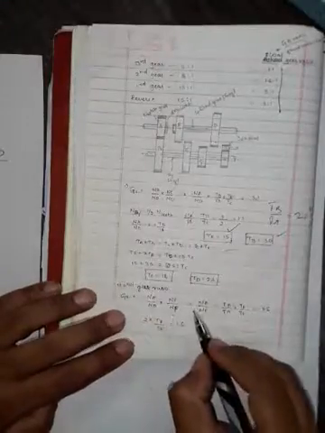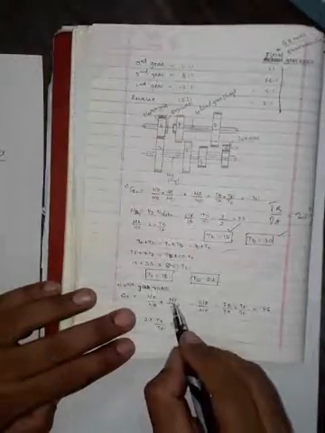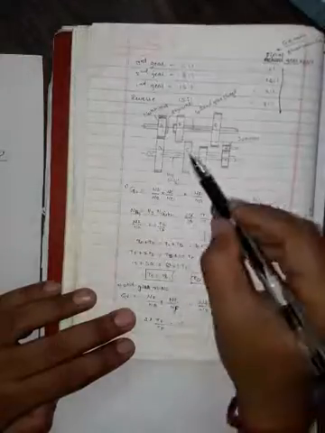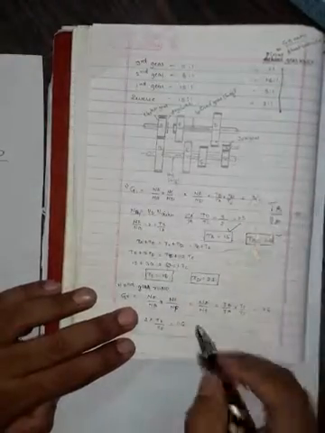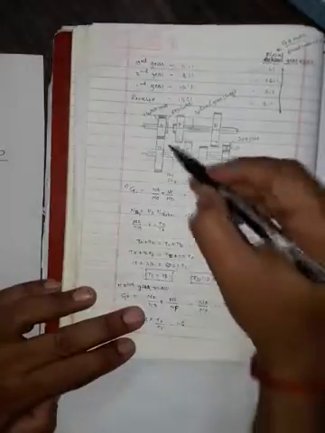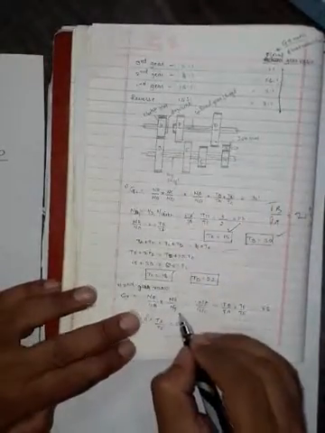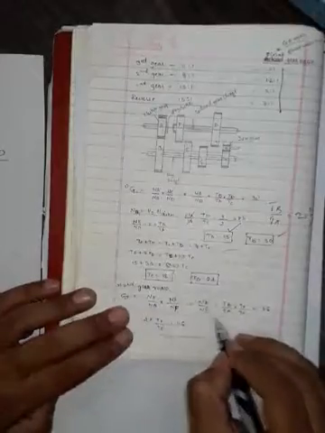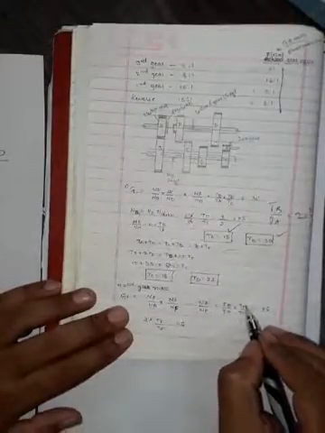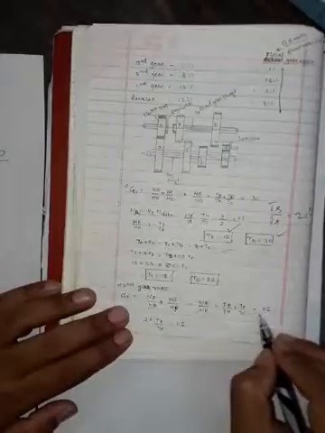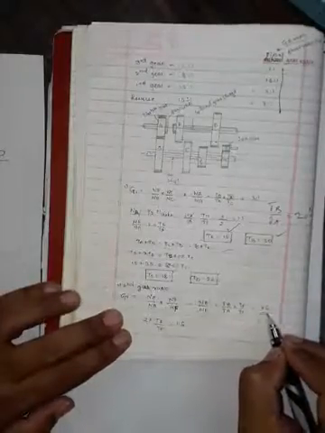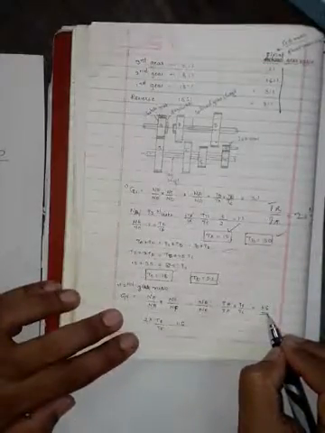But E and F, observe here, B and E are fixed to the lay shaft. Speed is equal, cancels out. NA by NF is equal to TB by TA into TF by TE, opposite, equal to the gear ratio of second, which is 1.6.